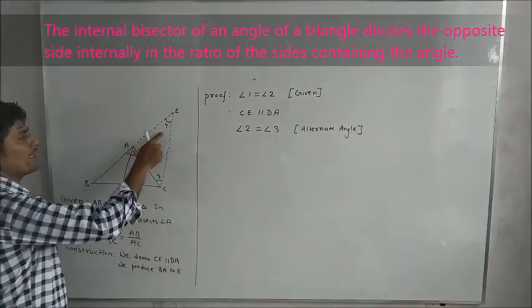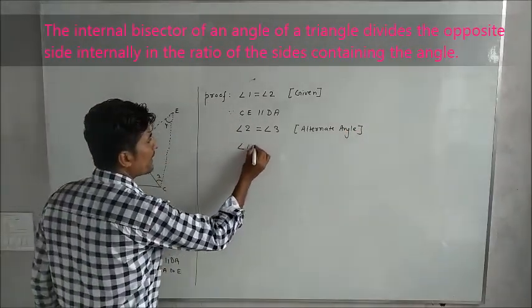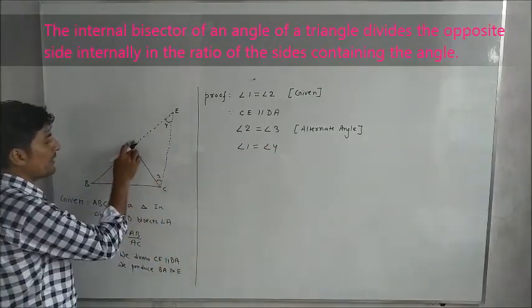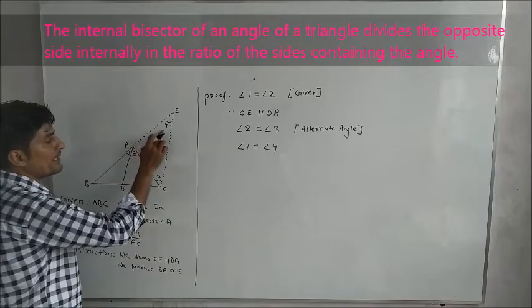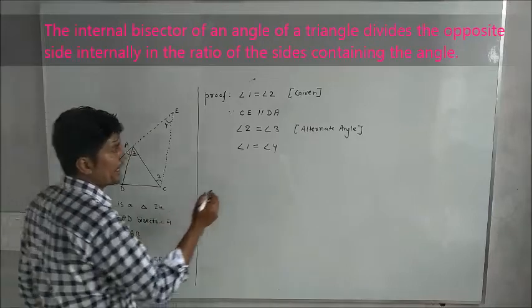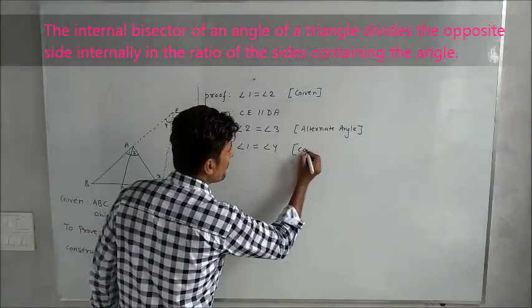Similarly, angle 1 is equal to angle 4, since CE is parallel to DA, because these two are a pair of corresponding angles. So we write here corresponding angles.